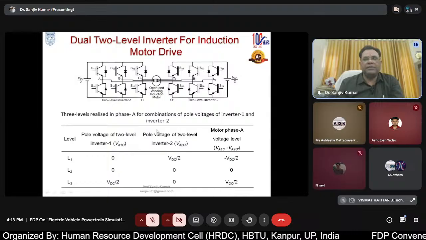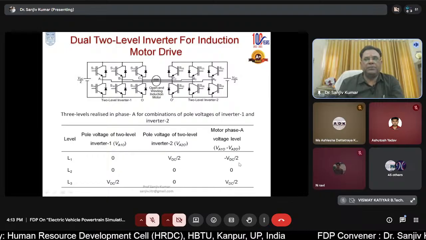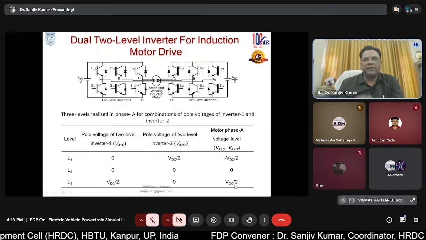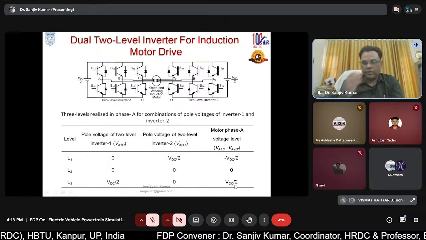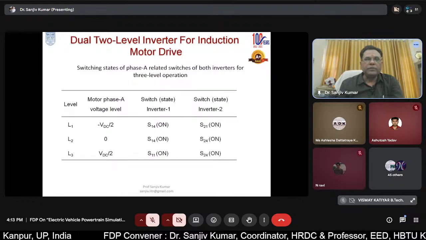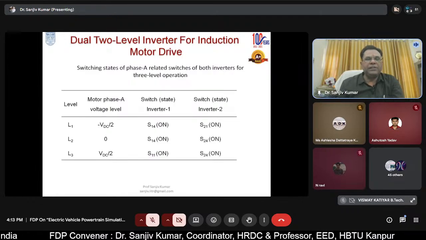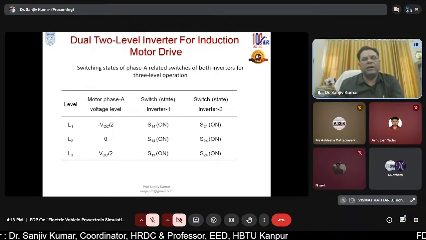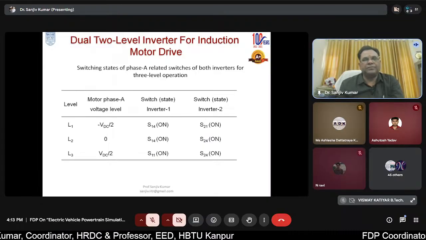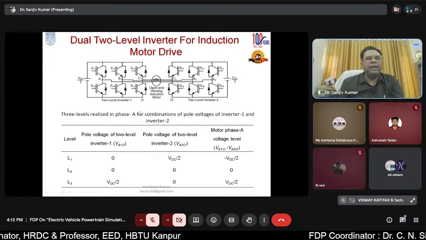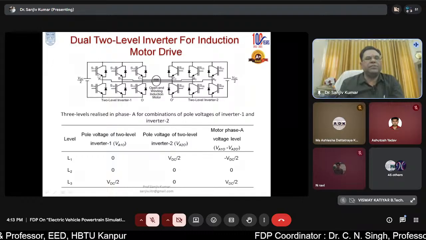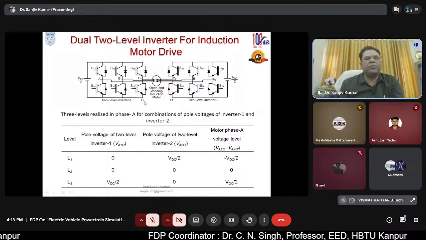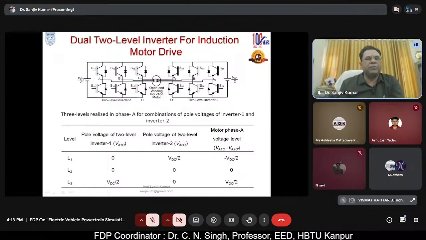The level 1 is minus VDC/2, level 2 is 0, and level 3 is VDC/2, right? So how do we achieve this? We achieve this using the switching pattern of the inverter. For example, whenever this one switch is on, the pole voltage VA10 would be VDC/2.